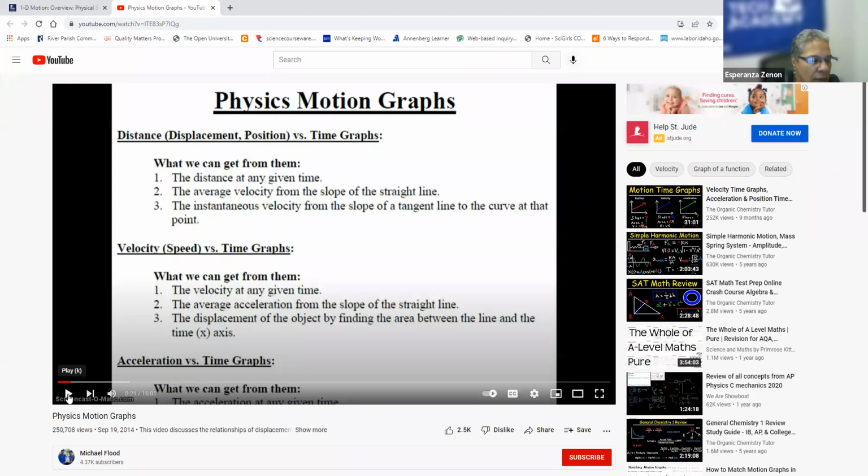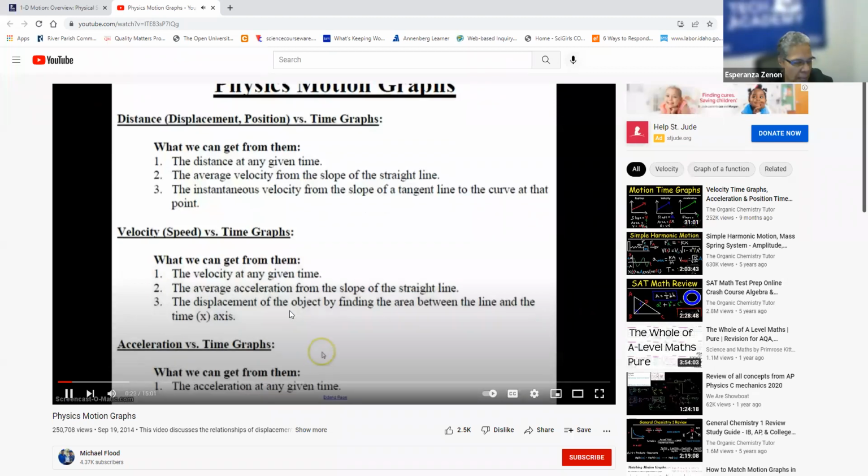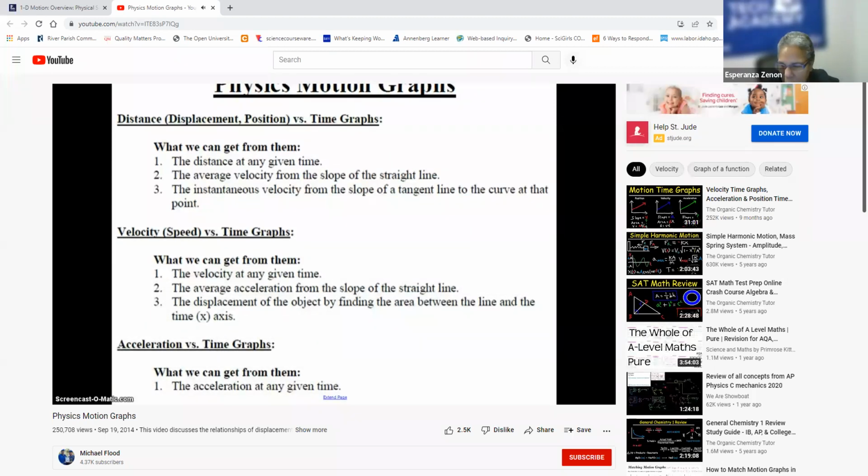Okay, so with that, let's start by taking a look at the types of graphs that we can draw and the information that we can get from them. We start with the distance or displacement or position, all the same thing with regards to the graphs. So distance, displacement, position versus time graphs. The symbol that we'll be using for distance, displacement, position is X, and the symbol that we'll use for time is T. So for us, the distance time graph will be an X versus T graph.